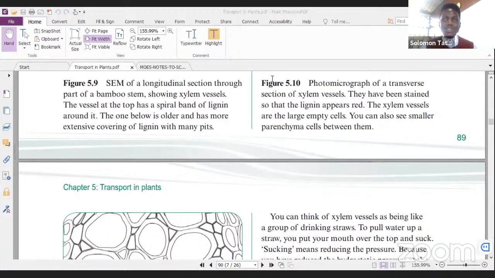Just like the way you take soda using a straw from a bottle, that is also mass flow. The soda is moving upwards. The contents in that bottle are moving upwards in one stream into your mouth. That is also mass flow. So now just change that and relate to plants.